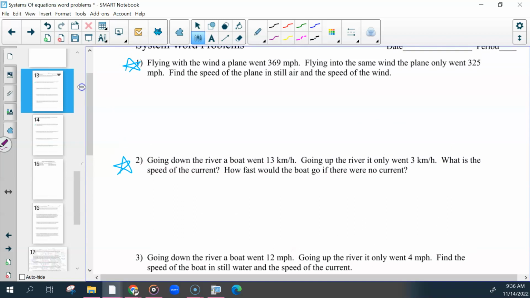For a boat, it's kind of the same thing. If you're going down the river, usually the speed might be faster unless it's talking about the stream, so you're adding. If you're going up a river, you're usually going against the stream, so it's subtracting.